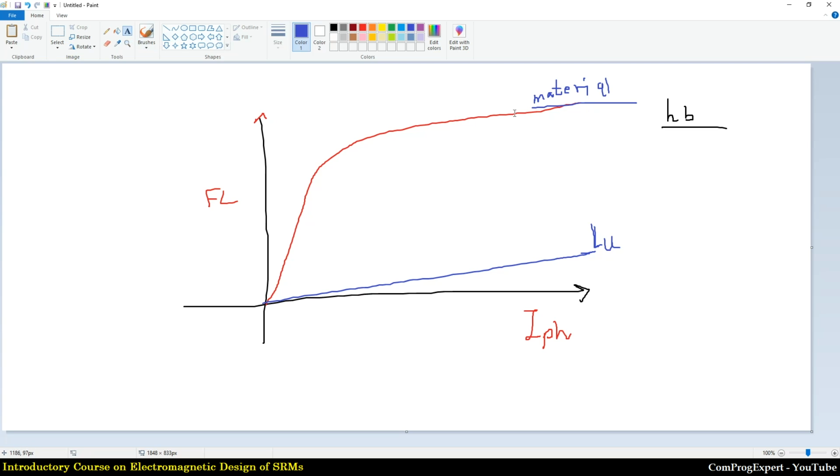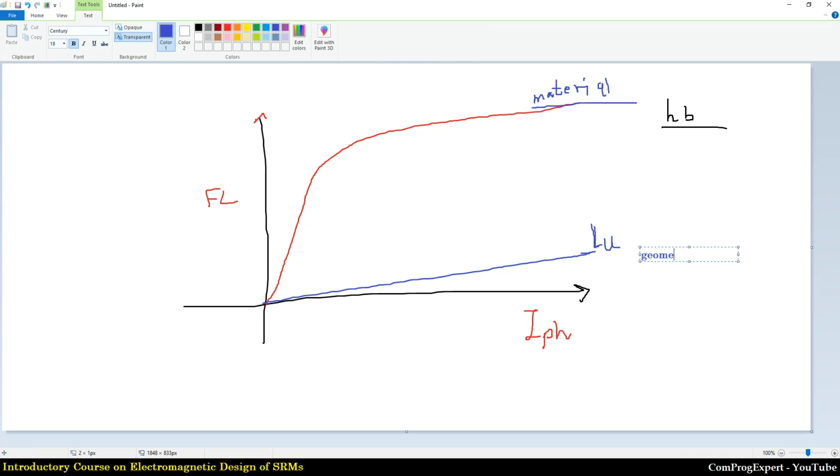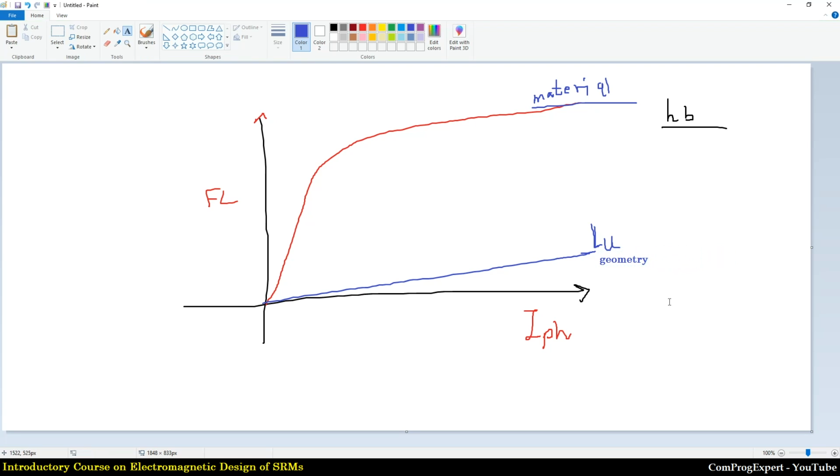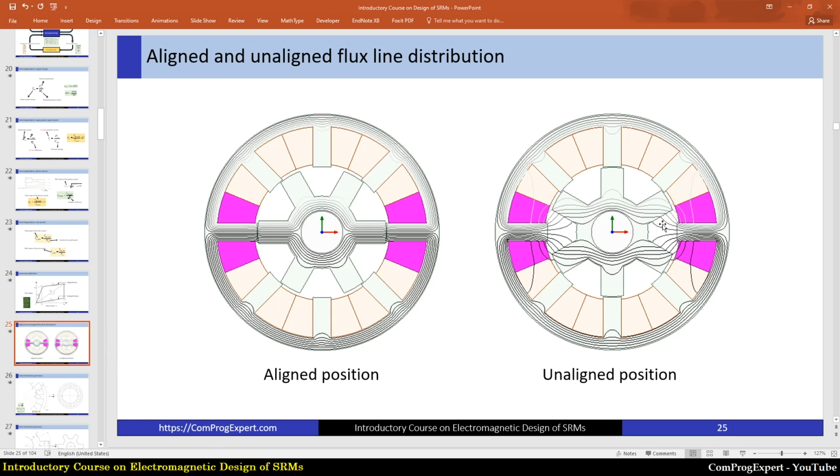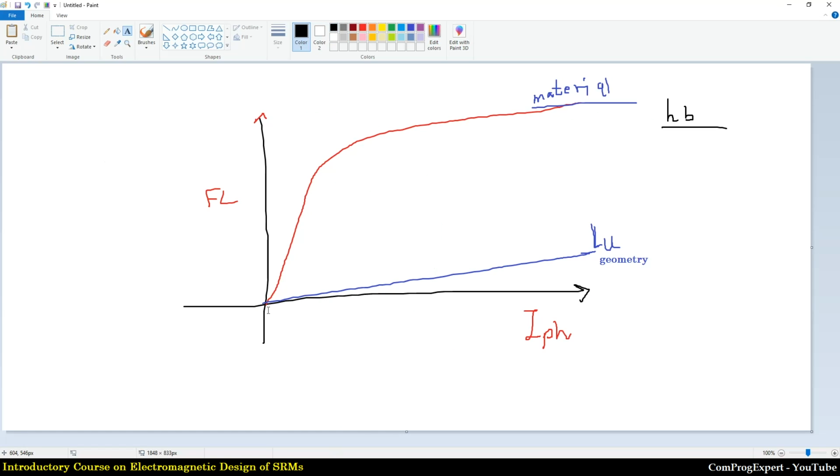However, this aligned flux linkage curve depends on material properties, but this curve depends on the geometry of the motor, right? Depends on the design of the rotor core. If we don't have a good salience ratio and if we have a bad design, we might have this unaligned flux linkage curve, right?